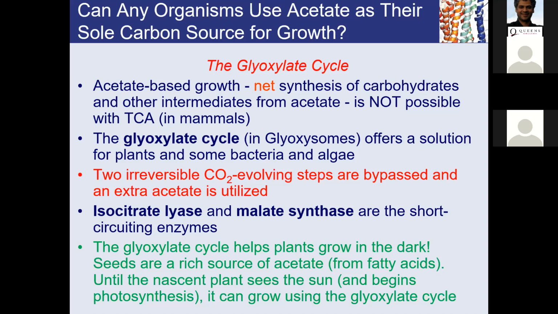So if you think about this, when we are talking about acetate, when you plant a seed, like 6 inches underneath the ground, those seeds don't get access to sun energy. It's dark down there. But it turns out that those seeds are packed with fatty acids.